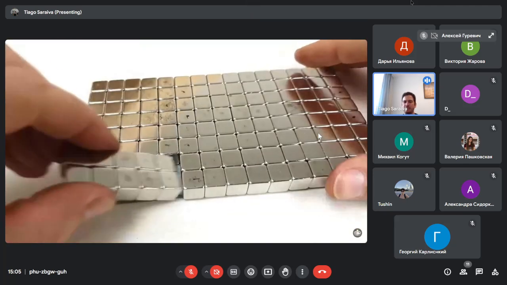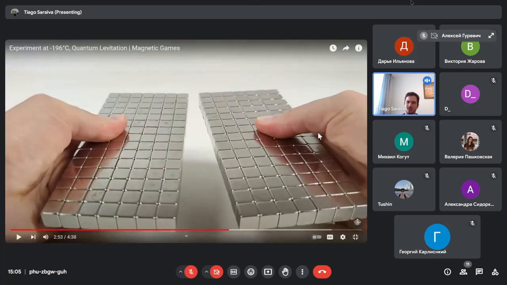Now he's doing the exercise of putting the magnetic lines opposite. In this case, for each of these blocks to stay closely like they are, they have to be opposite. If this one is up, the next one is down, like up, down, up, down.